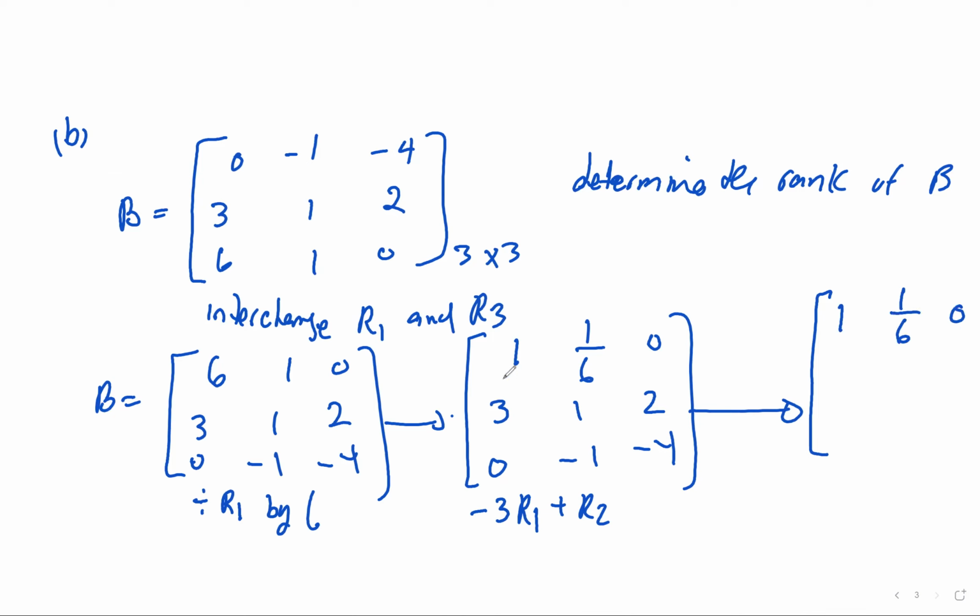Then -3 + 3 is 0. And then -3 over 6 plus 1 is +1.5. And also we have -3 times 0 is 0, plus 2 gives us 2.